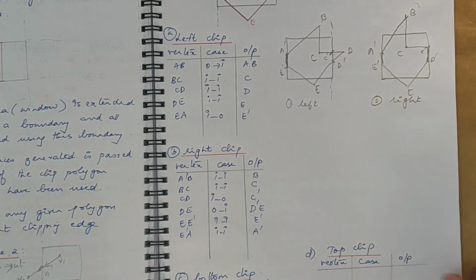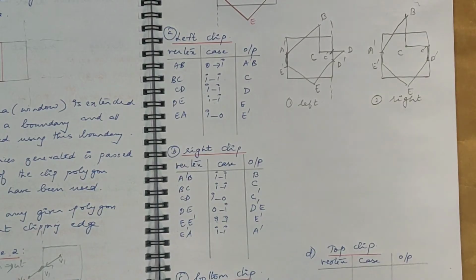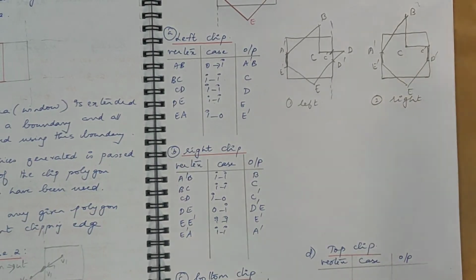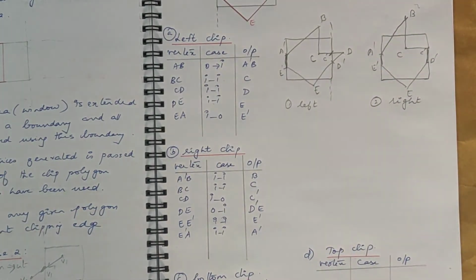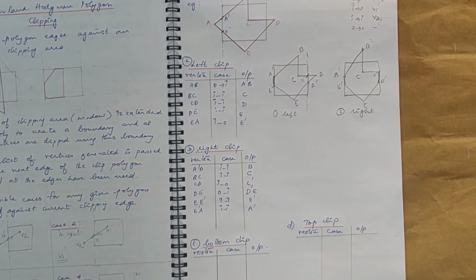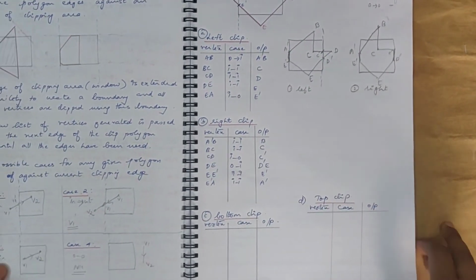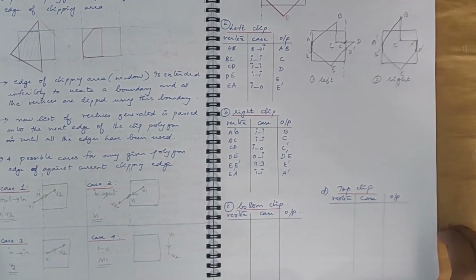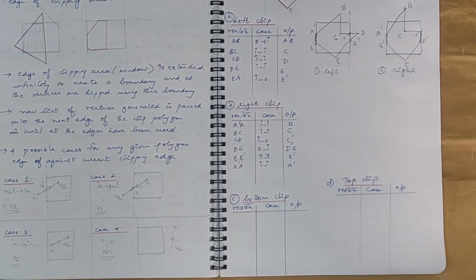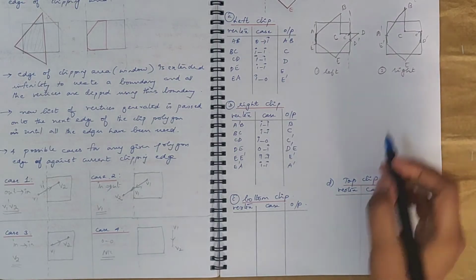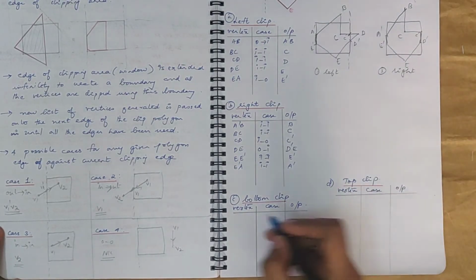So the bottom clip case, let me note down the vertices first. Okay, let me just zoom it. Okay, so these are the vertices. So for the bottom clip, let me start with A dash itself.